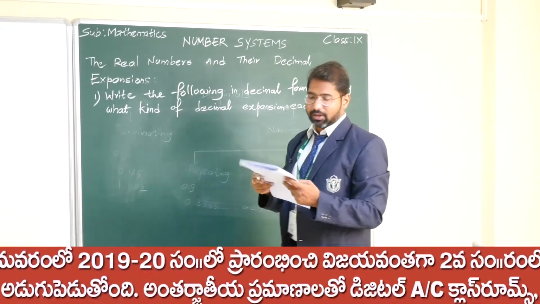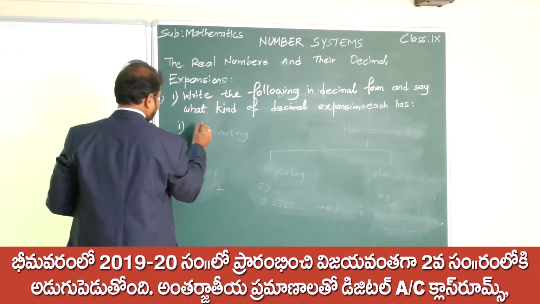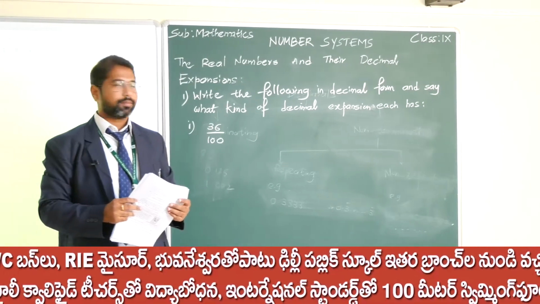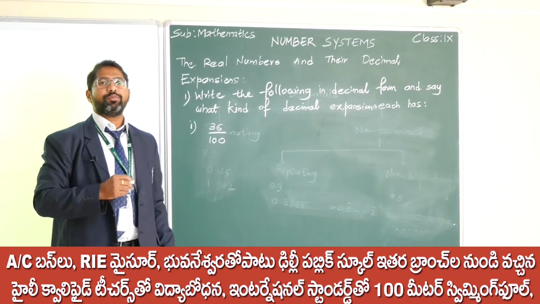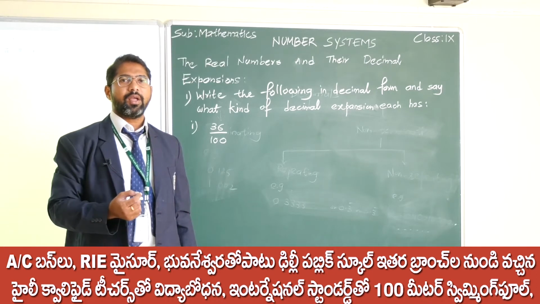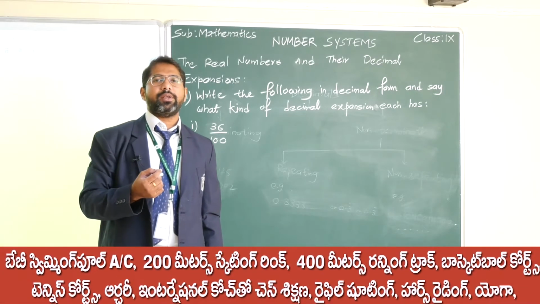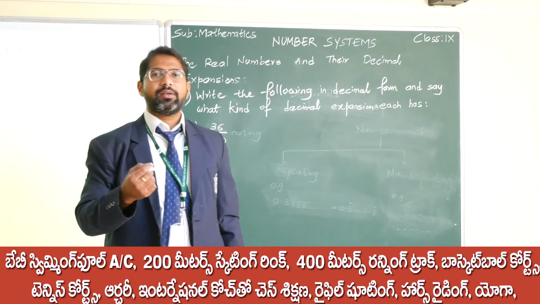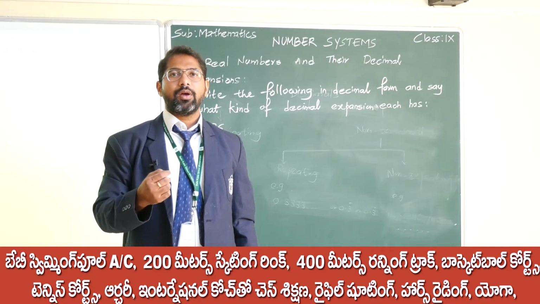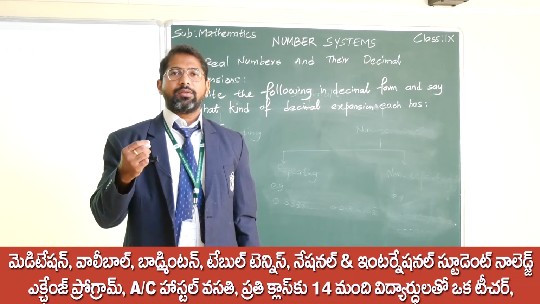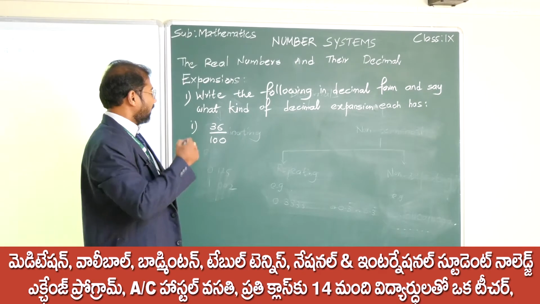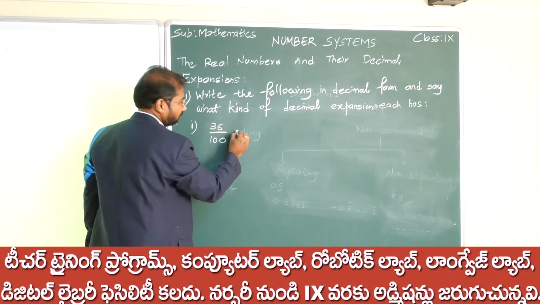The first rational number is 36 by 100. Here the numerator is 36 whereas the denominator is 100. Whenever the denominator is either 10 or 100 or 1000 or 10,000, that is powers of 10, then you can write it in the decimal form directly.